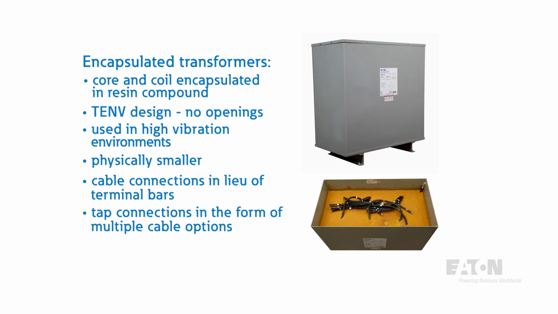These types of transformers are also physically smaller than non-encapsulated style transformers given the heat sink properties of the resin. Encapsulated transformers will typically have cable-lead connections in lieu of the terminal bars you will find in an air-insulated unit. These transformers will also have tap connections in the form of multiple cable options with which to terminate customer connections.